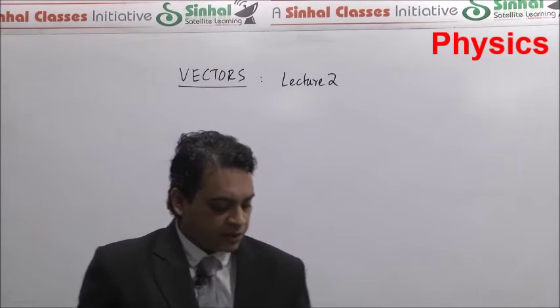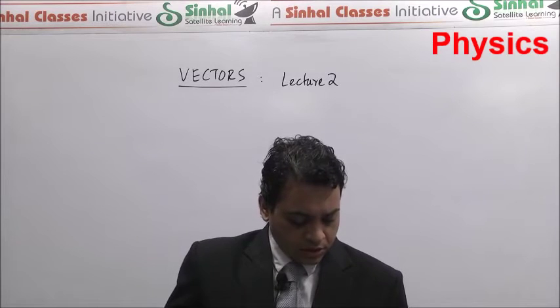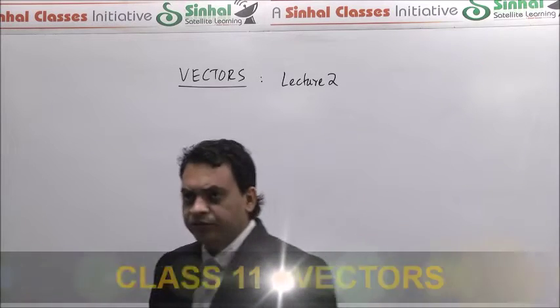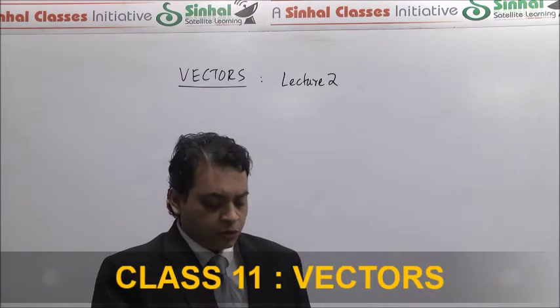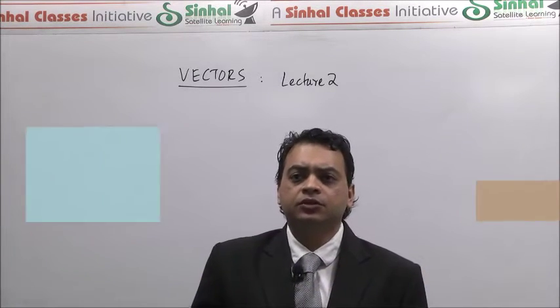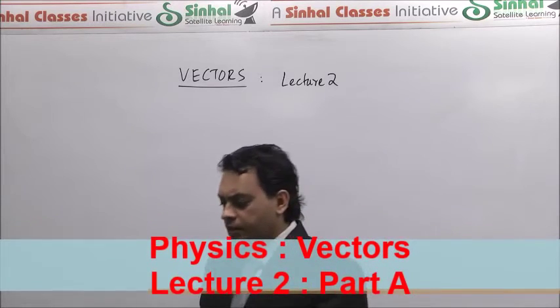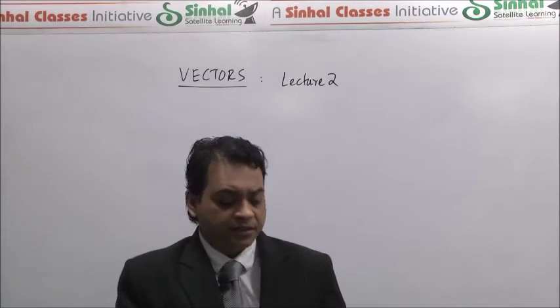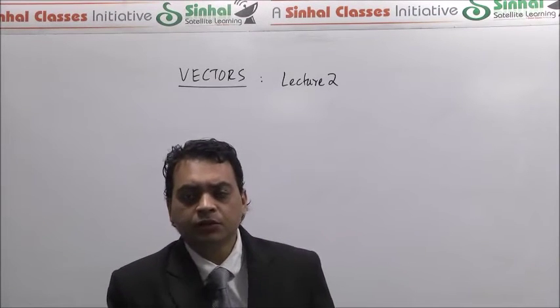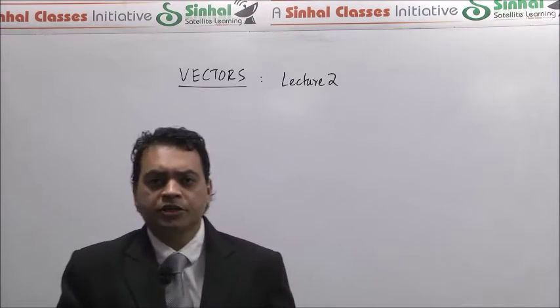So hi there and welcome again to this series of lectures about vectors. In the first session of vectors we discussed the geometrical representation of vectors, where we saw that a vector can be represented on a two-dimensional plane by an arrow or a line segment, wherein the magnitude of the vector is represented by the length of the arrow and the direction is represented by the direction in which the arrow points.